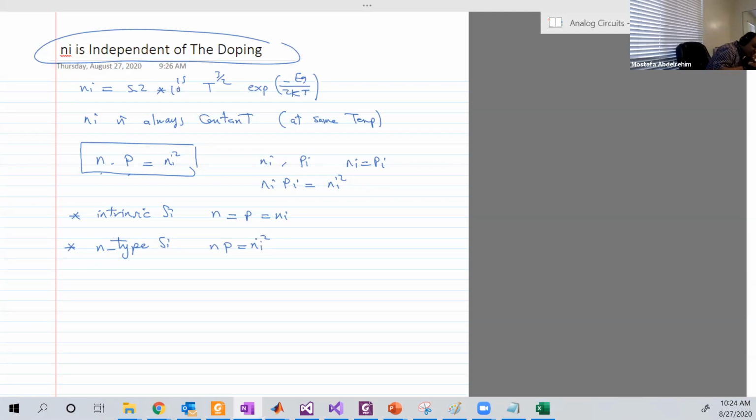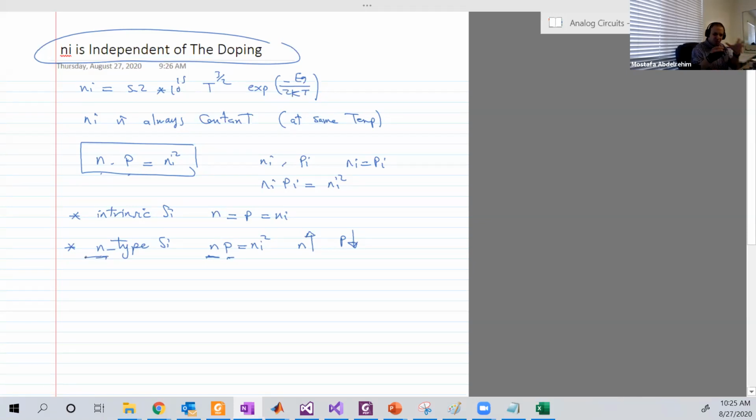Basically, what happened, we said that in N-type, if you remember, N increases and at the same time P decreases. So they cancel each other, and the multiplication is still the same. N multiplied by P equals Ni squared. What is N here? N is the concentration of electrons in N-type silicon. And P is the concentration of holes in N-type silicon.